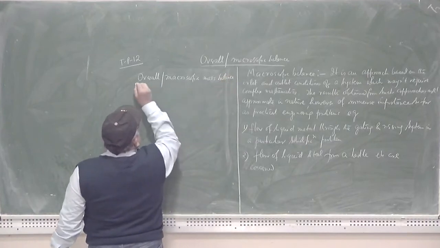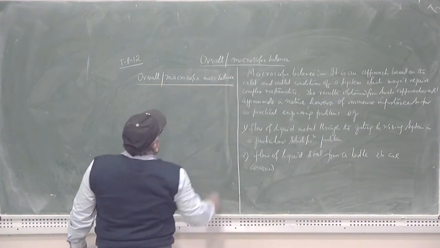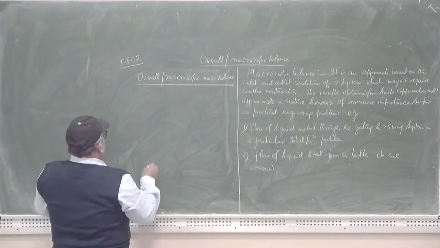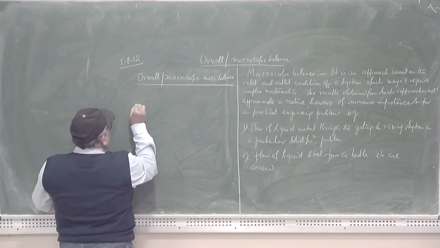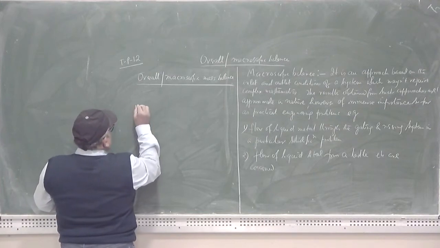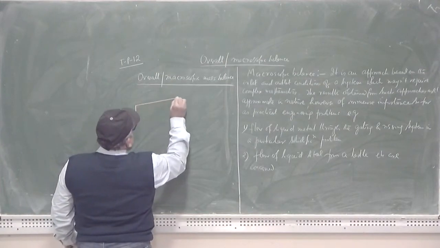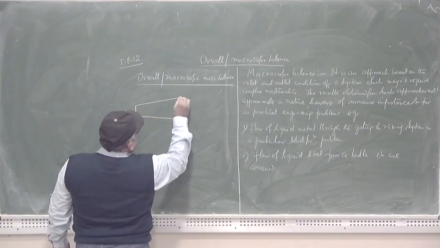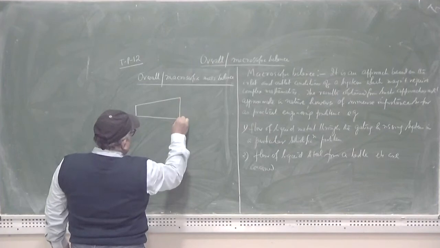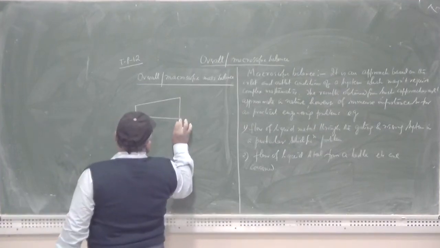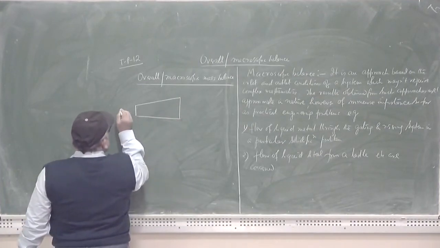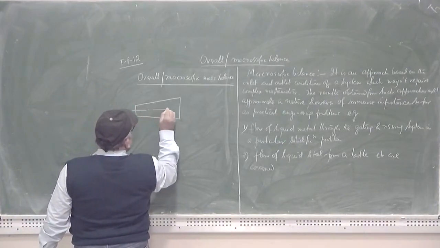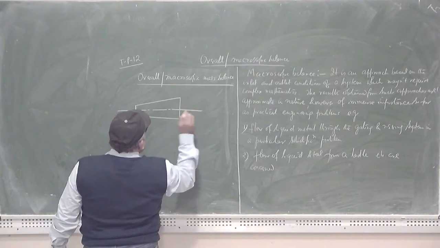In order to have the flavor of this overall or macroscopic mass balance, let us consider a reactor. I am assuming a reactor of the volume VR. This is the center line of your reactor.